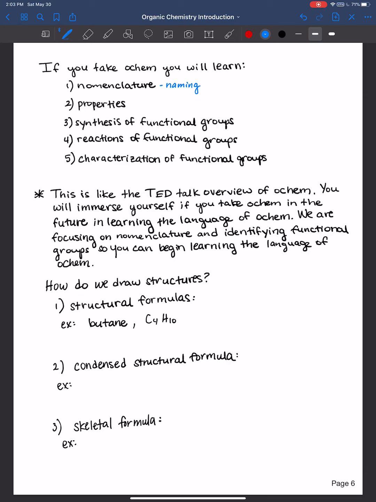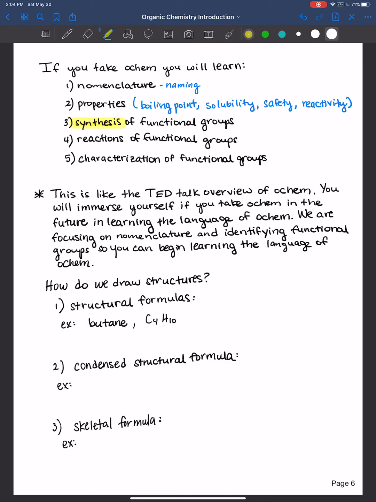You would also learn about these functional groups and their properties. So properties meaning boiling point, solubility is a big one, and we're going to discuss solubility in the future, safety, and definitely reactivity. In addition, you would learn how to synthesize those functional groups.